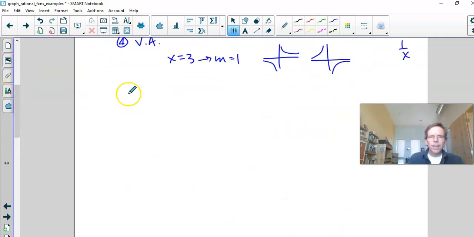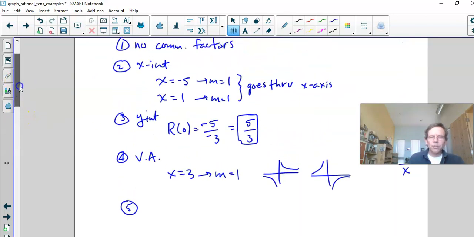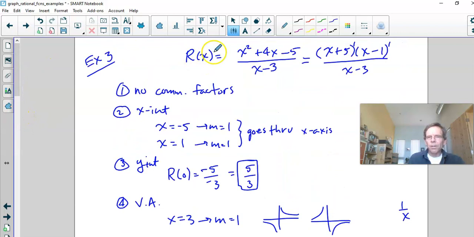Okay, and then step 5. Step 5 has been horizontal asymptotes up to now, but I want us to see that here, n, the degree of the numerator, is 2. And the denominator degree, m, is 1.